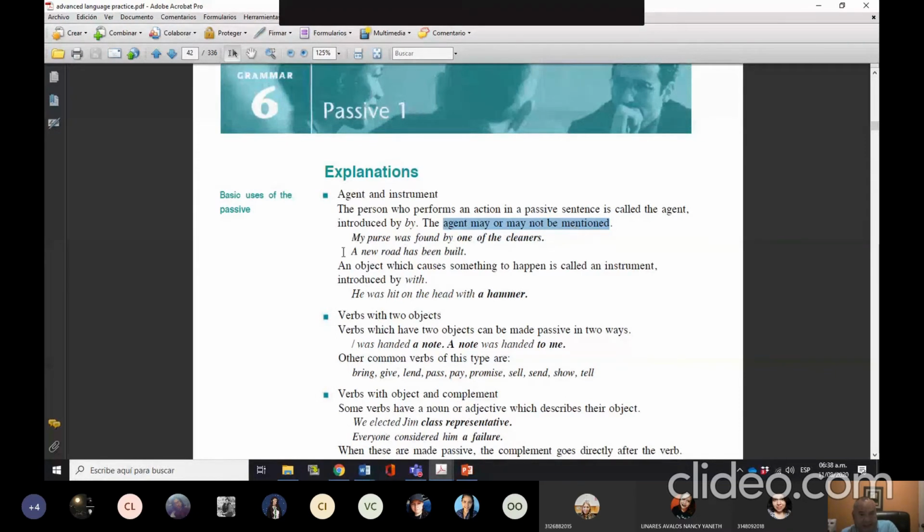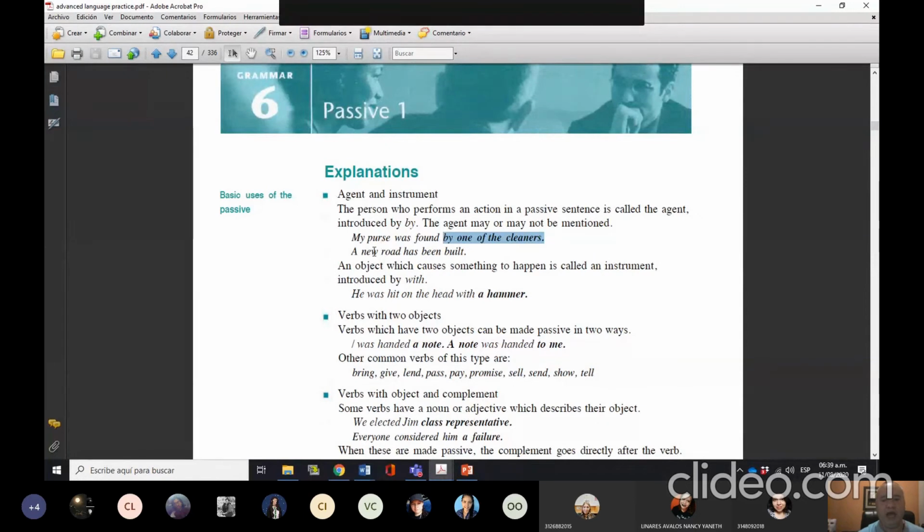Like the example that we did last class, my purse was found by one of the cleaners. So if I want to focus on who did the action, I will include the information after the preposition by, one of the cleaners. But if that information is not relevant for me, I will only say my purse was found. I don't need the information that says by one of the cleaners because the information is understood or is not relevant.